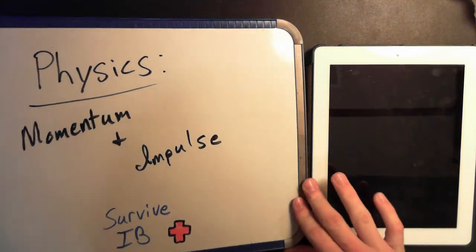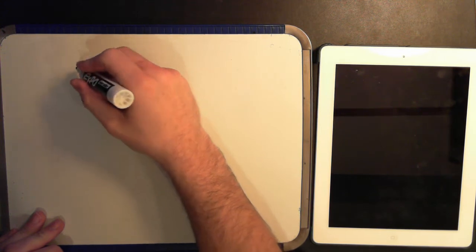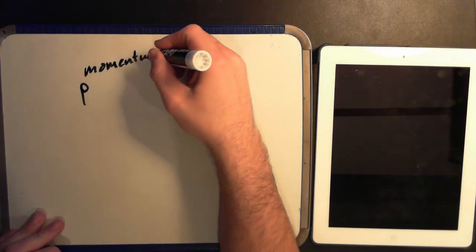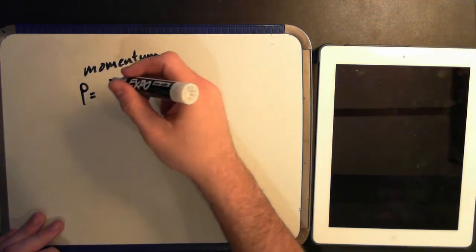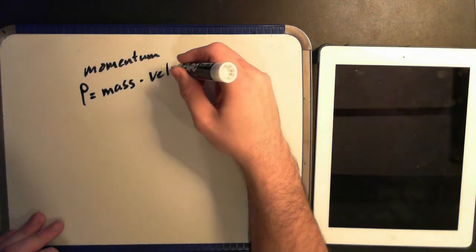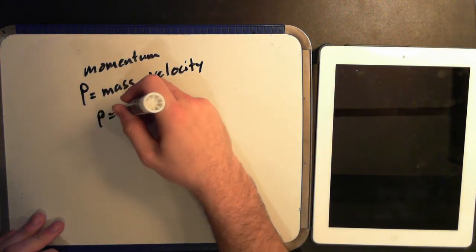Before we start, I'm going to do a really quick definition of what those two things are, and they're actually really simple. We're going to start with momentum. Momentum is defined by the variable p, and the equation for momentum is p equals mass times velocity, which can be shortened to p equals mv.